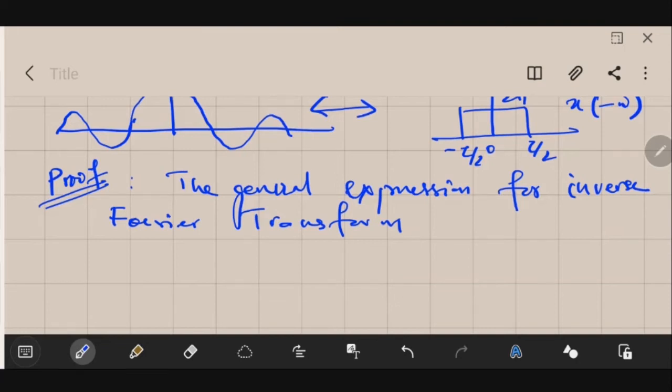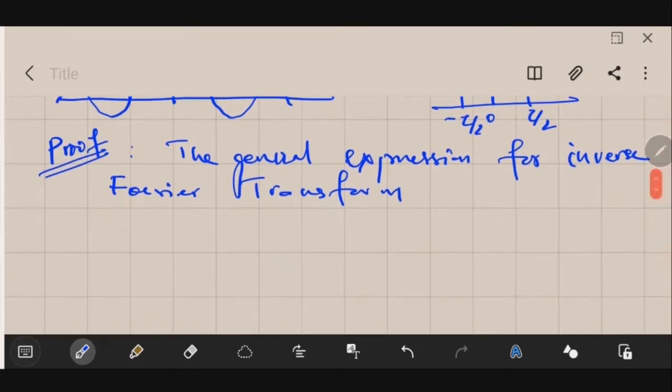So, 1 by 2 pi integration from minus infinity to plus infinity, X of omega into e power j omega t d omega. Very good. So we will be using the same formula here. So let me write it in this way.